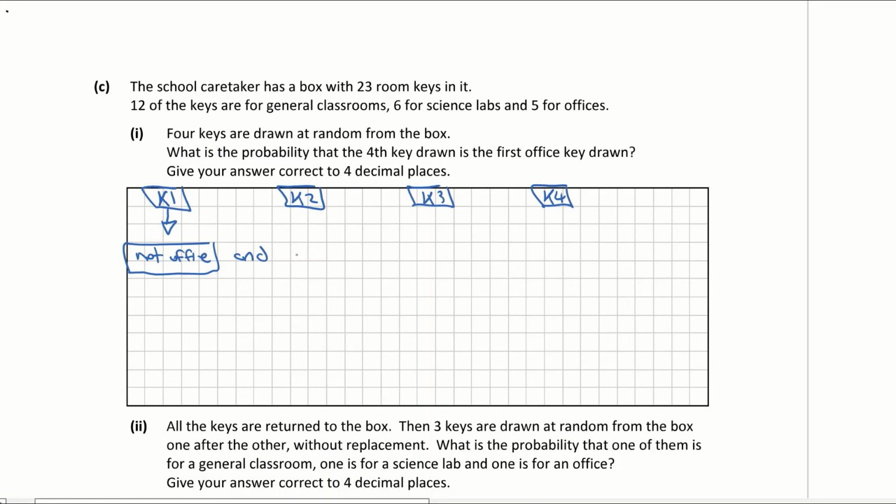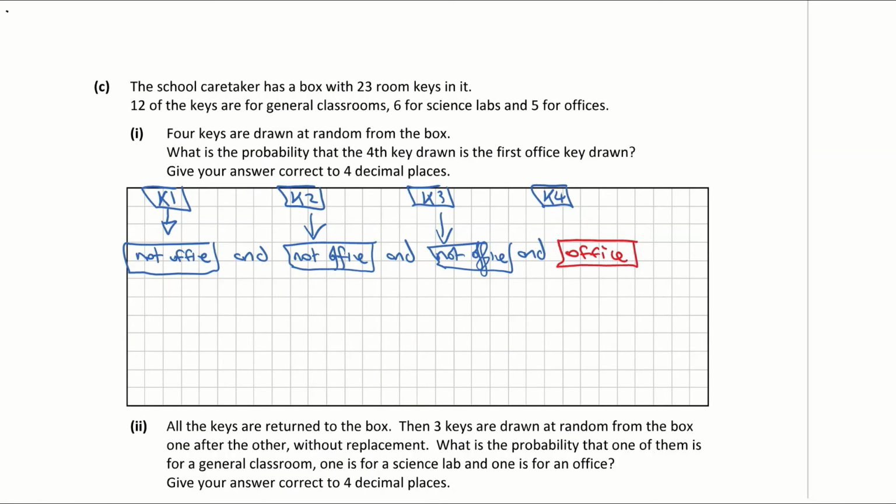And my second key is also not going to be an office, because I want the office key on the 4th attempt. And my third one is not office. But this is where it changes. My 4th key is now going to be the office. This is when I want the office key. I want it on the 4th attempt.